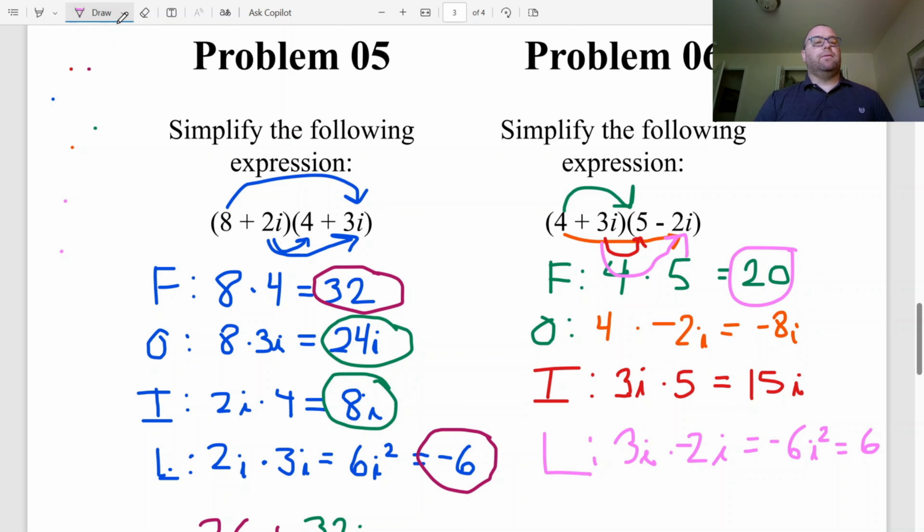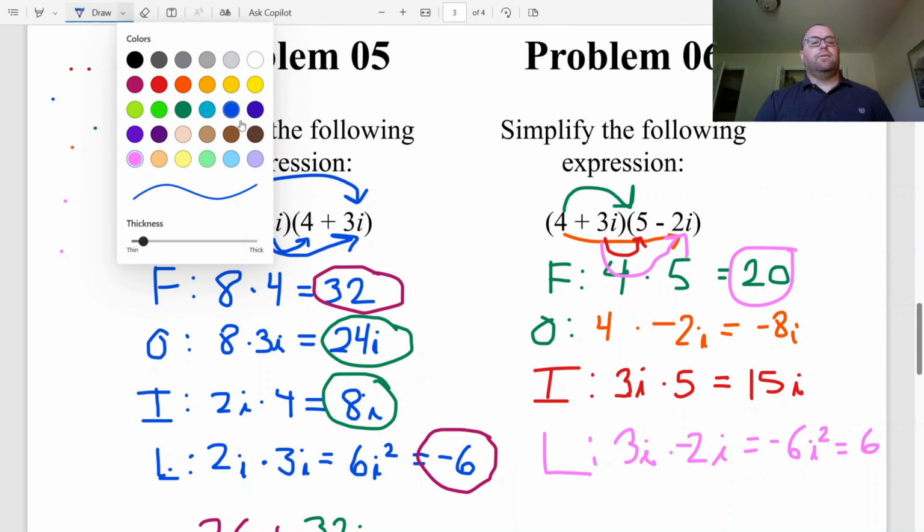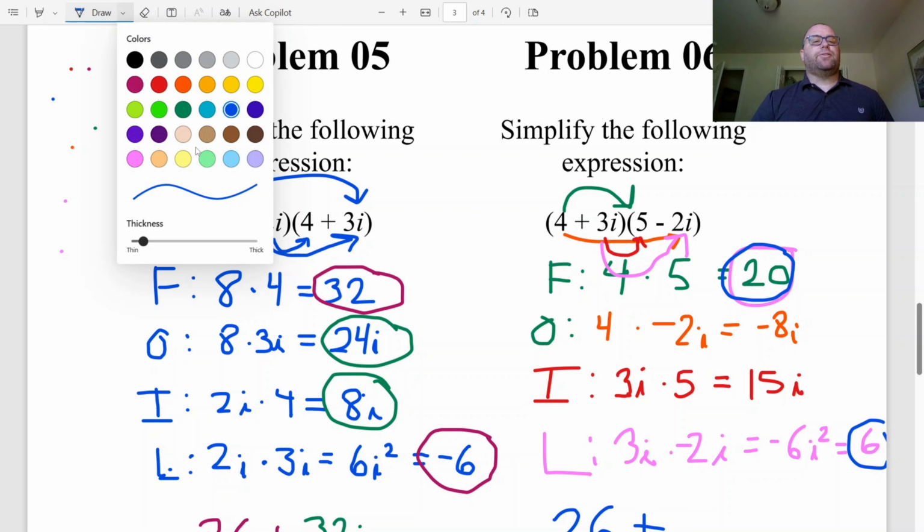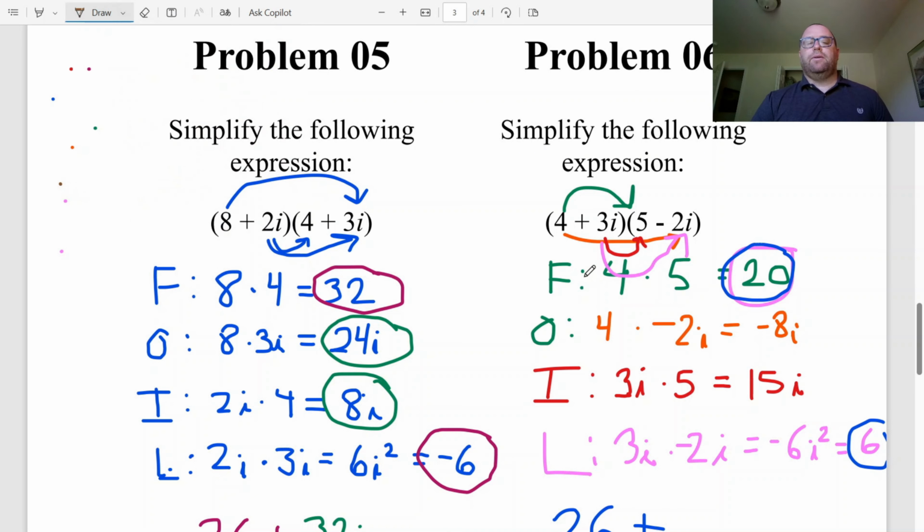So 20 here, plus 6 here, we get 26. And then plus, now we'll combine our imaginary parts together. So minus 8i plus 15i gives me plus 7i. Okay, so that's the FOIL way of doing it.